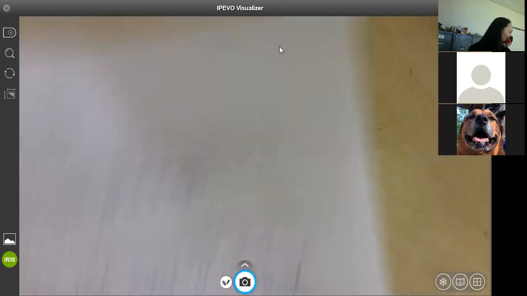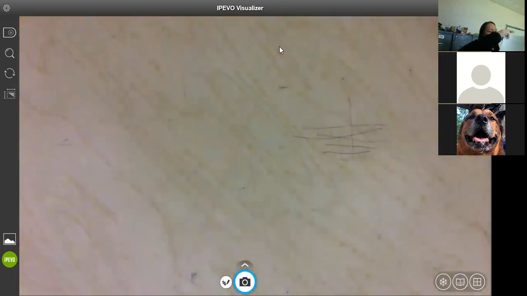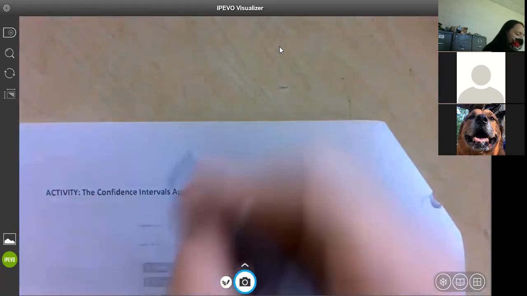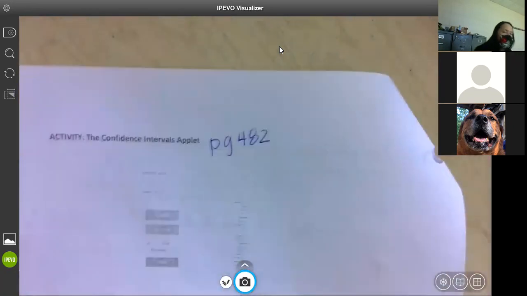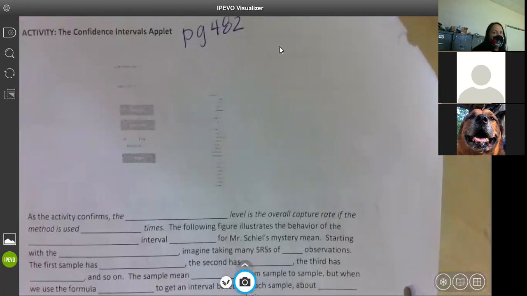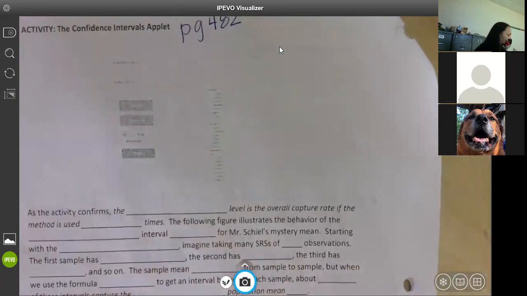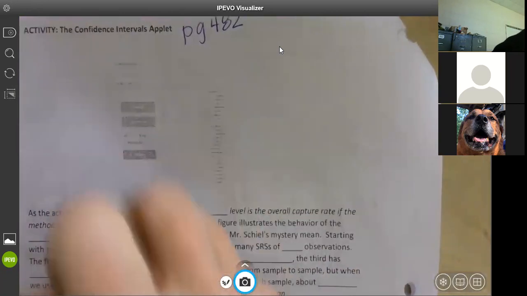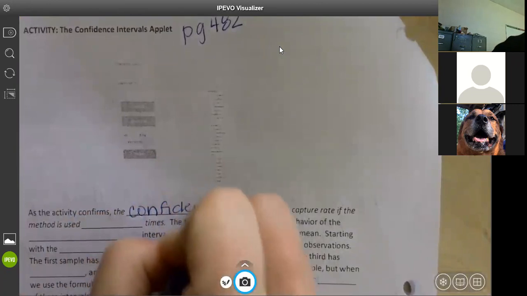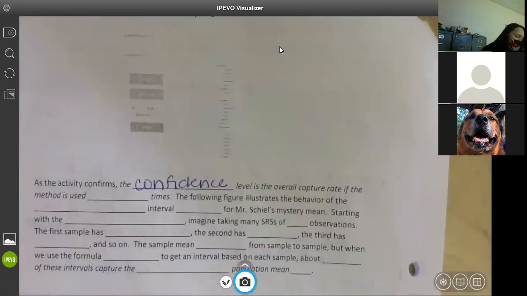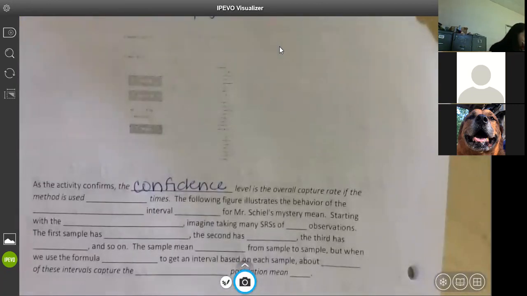All right, if we flip it, we have an activity, but we don't do any of those. This is on page 482 if you want to go look at it. It's just talking about confidence intervals, and this is really hard to read, but this is going to summarize it. As the activity confirms, the confidence level is the overall capture rate if the method is used many times.